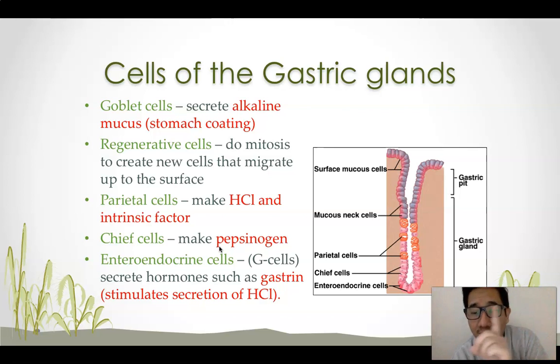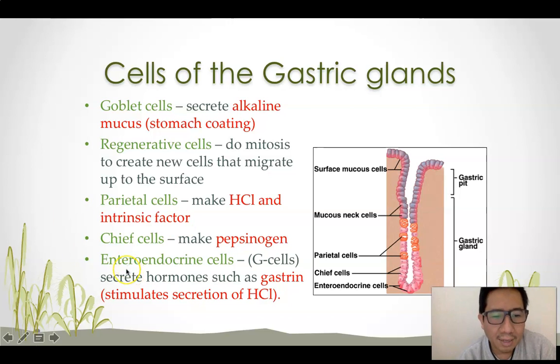Pepsinogen will convert into pepsin. Pepsin breaks down protein. Pepsinogen is a precursor of the protein breaker, the guys that break down protein. So pepsinogen turns into pepsin. Pepsin therefore goes around and breaks those proteins down.